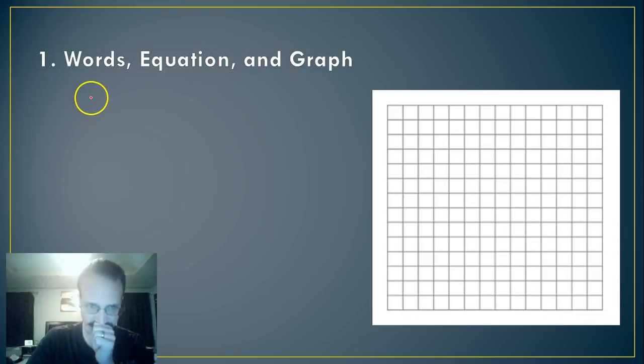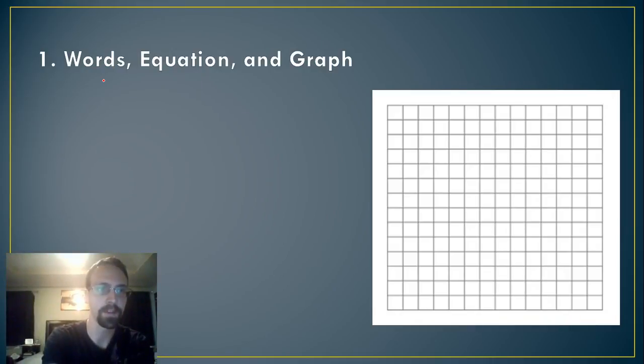So the words is what we talked about last time. We can use our table to get our words. So we got to set up the problem. I'm going to use my finger, so it's going to look a little bit crazy.